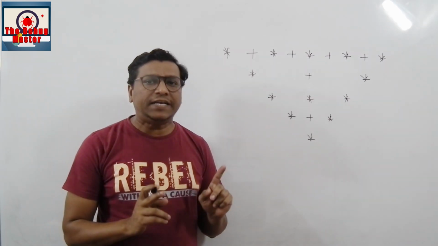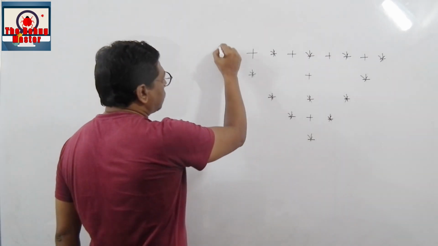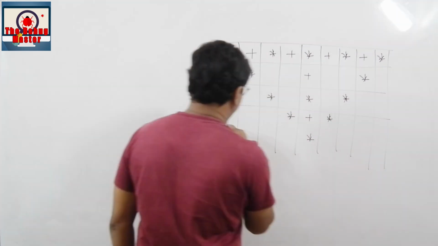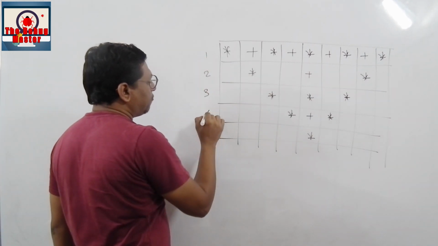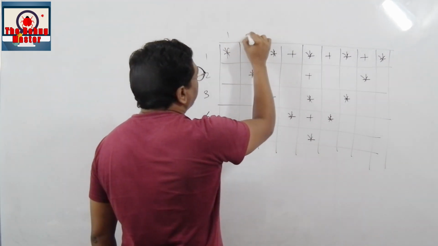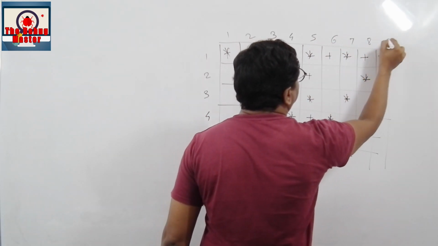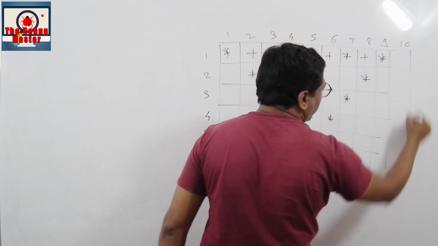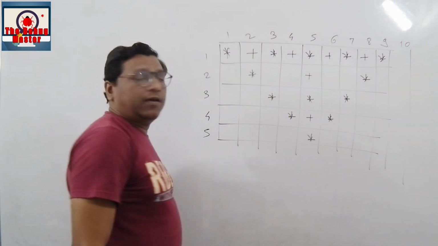First of all, we shall divide this pattern into a combination of rows and columns. So friends, there are 5 rows and 9 columns, and we shall consider one more column over here which is blank actually, so 10 columns.